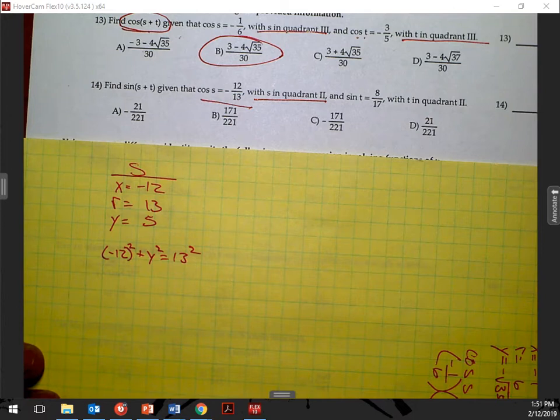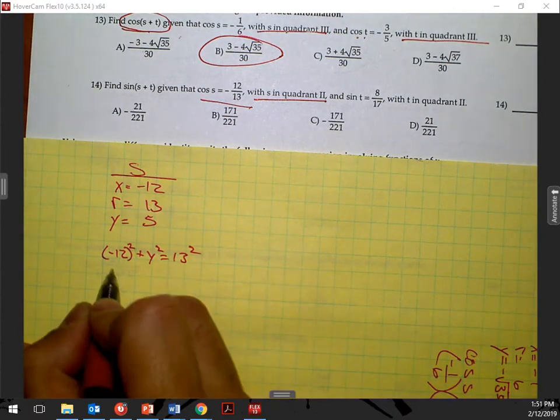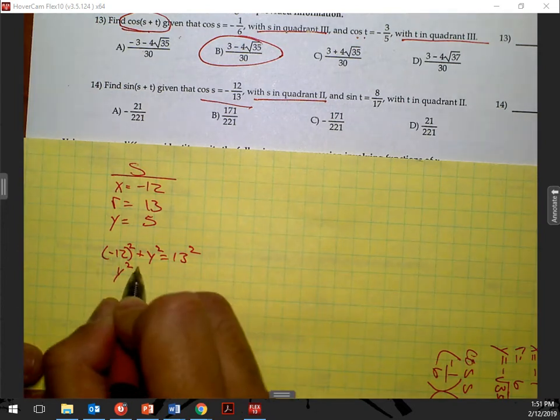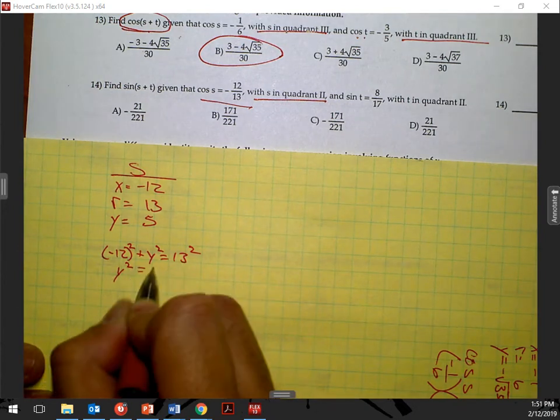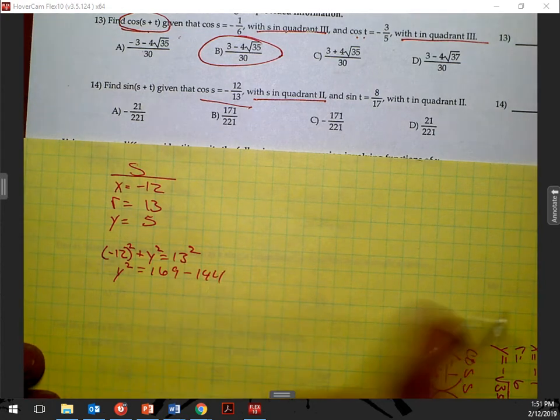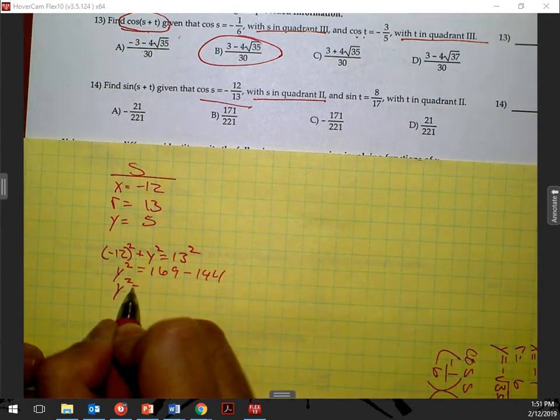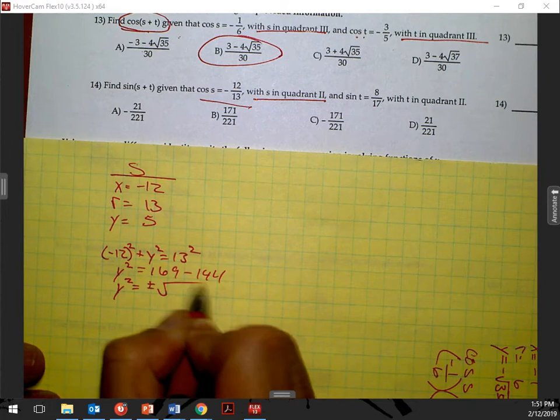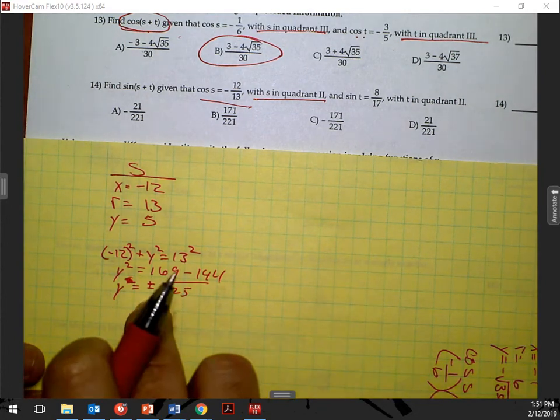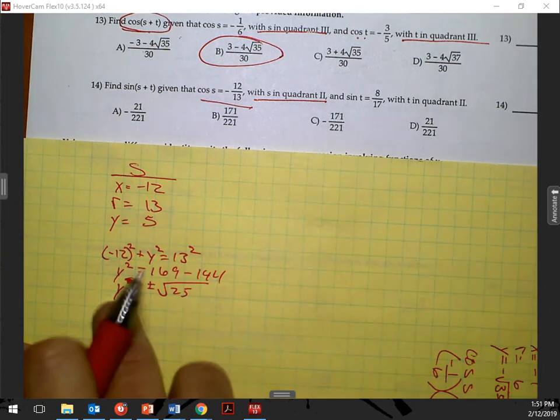You guys remember? Yes? Okay, so y squared, I'm going to subtract this, so it's going to be 13 squared is 169 minus 144, right? So y equals plus or minus square root of 25. So that's going to give me, in quadrant 2, a positive 5.